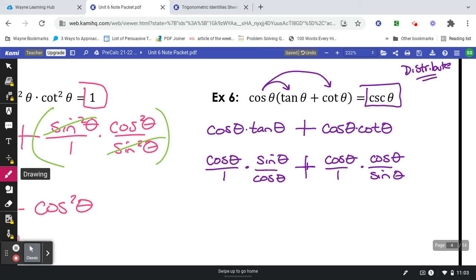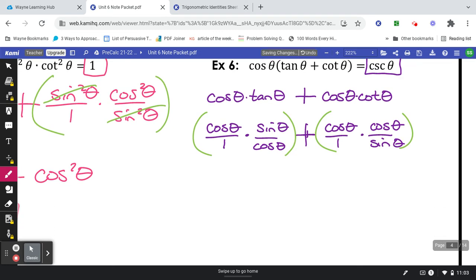And again, we can cancel within our multiplication groups, but not over a plus sign. So on the left, cosine and cosine cancel, leaving us with sine of theta. And again, I'm not sure if I want this 1 or not. I can put it here, and if we need to, we can always erase it. Big old plus sign here. And then on the right-hand side, when you have this second multiplication group, nothing cancels. Cosines don't cancel.